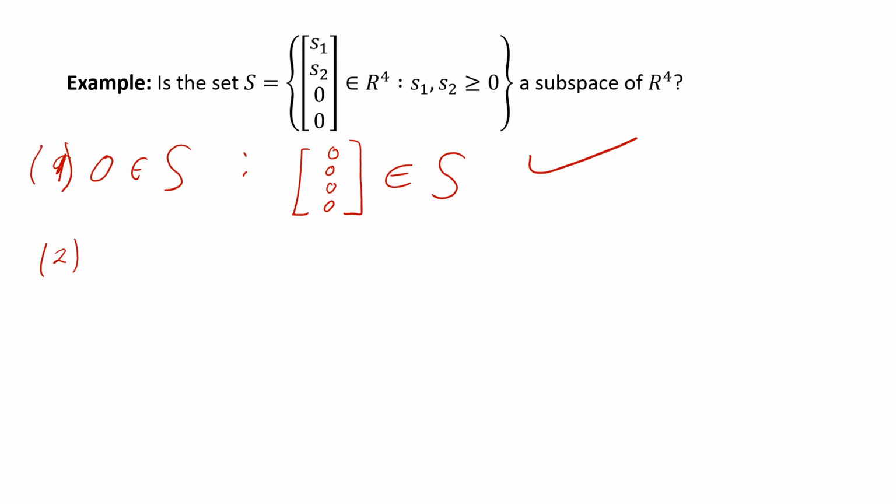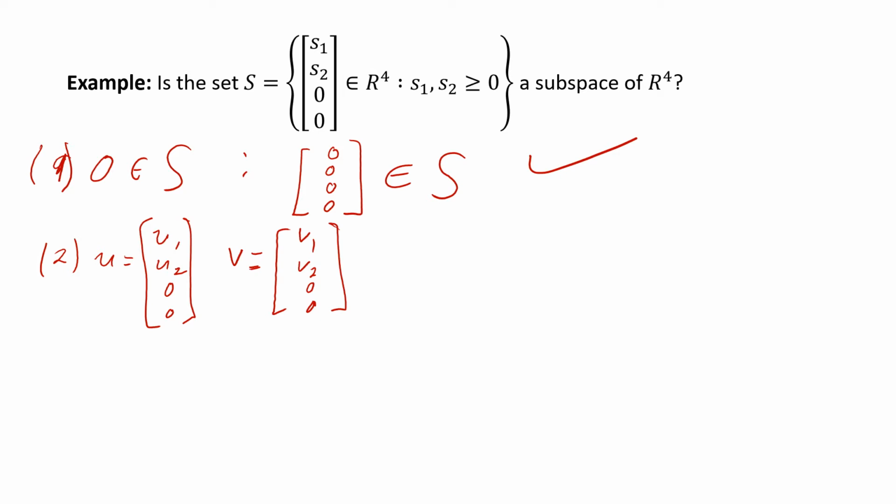What about the second condition? So again, we say that u equals u1, u2, 0, 0, and v equals v1, v2, 0, 0. Then u plus v is equal to u1 plus v1, u2 plus v2, 0, 0. Is that in S?